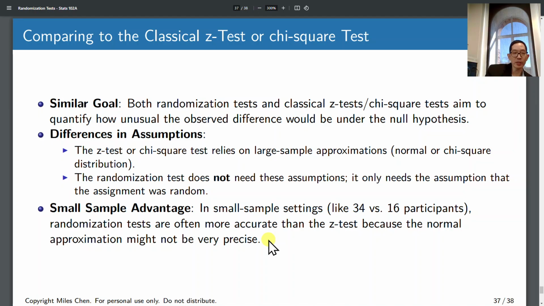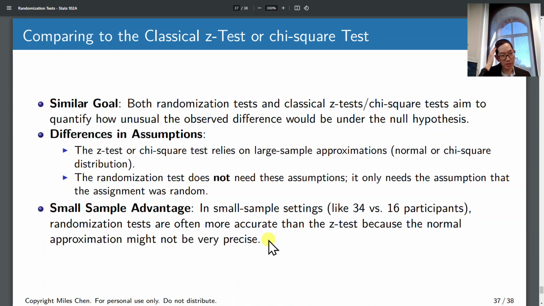If we compare this to, say, the z-test or even a chi-square test from classical statistics, what they're both trying to do is quantify how unusual our observed results are under the null hypothesis.